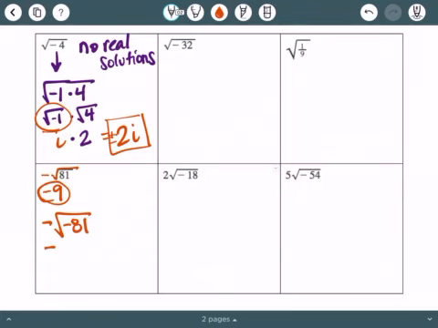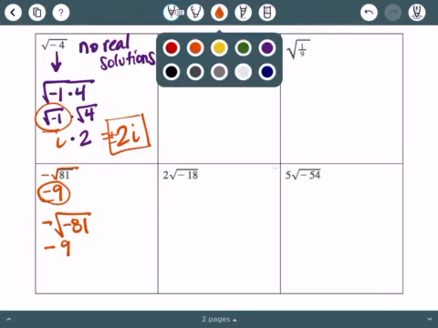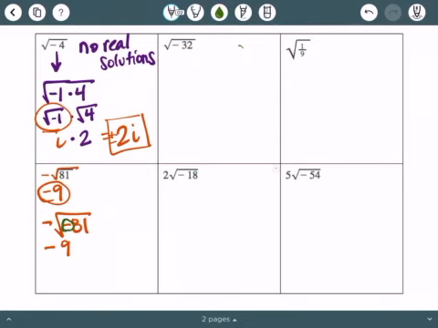We know that the square root of 81 is 9, and because there is that negative inside, it turns into an I. So the answer to this problem would be negative 9I. So we can see that those are different because one asks us to use the negative inside and one doesn't have a negative inside, even though they both have the negative outside.